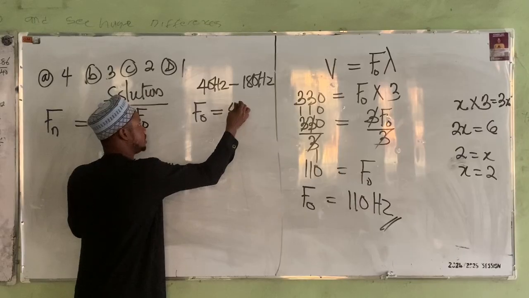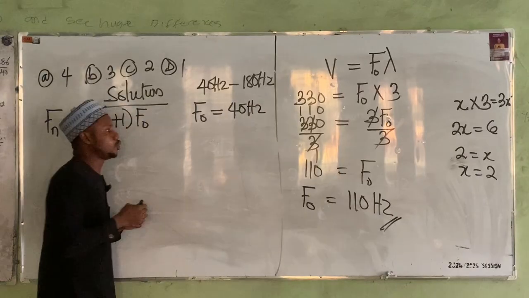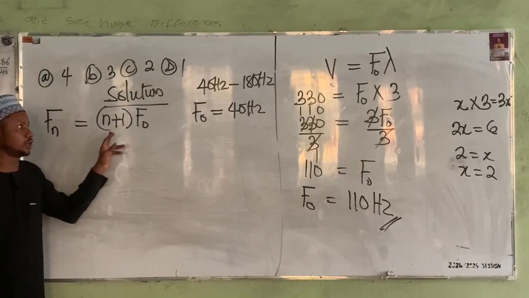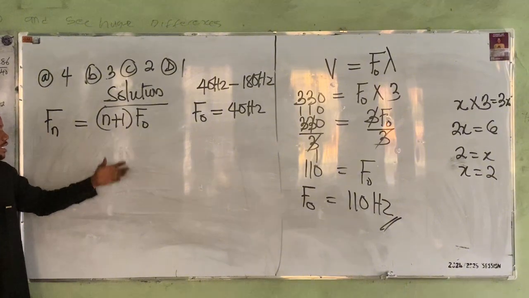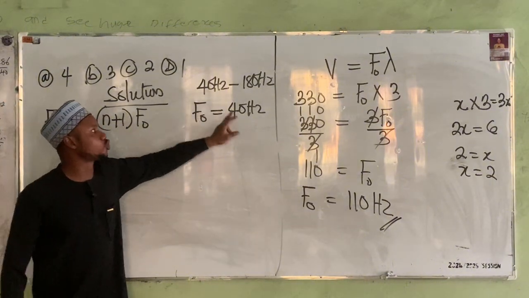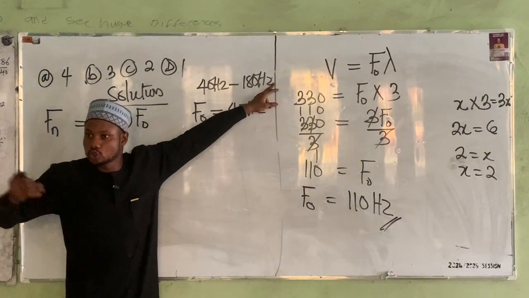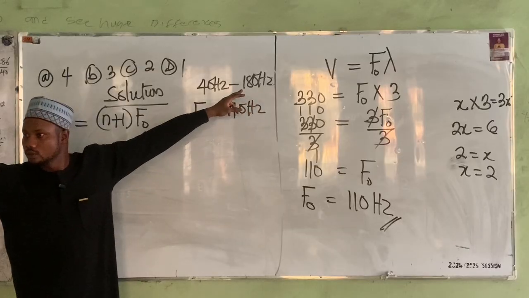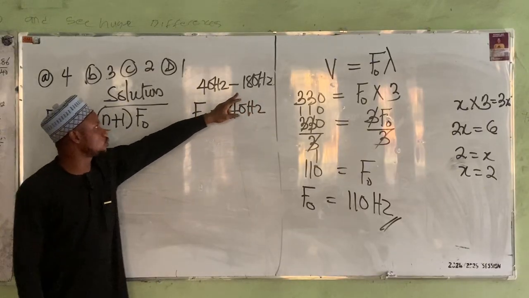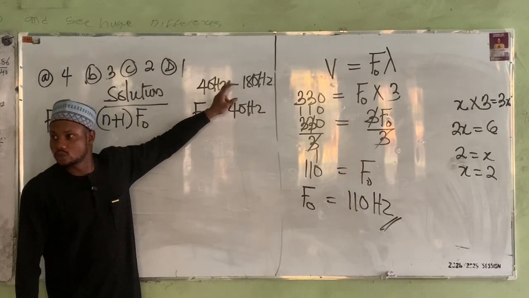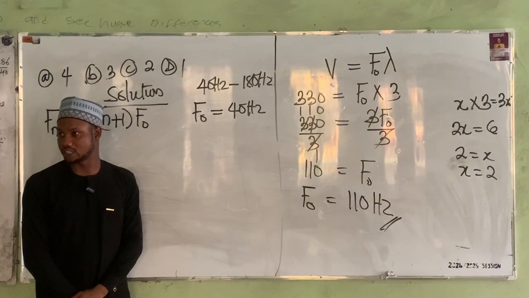That is 40 Hz. So the main thing we have to do here is to solve this in a way that we have this 40 to 180, and we have to choose 1, 2, 3, 4. Anyone that gives us a value between this range will be the overtone. Please take note.